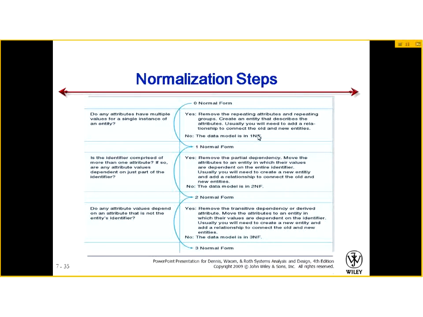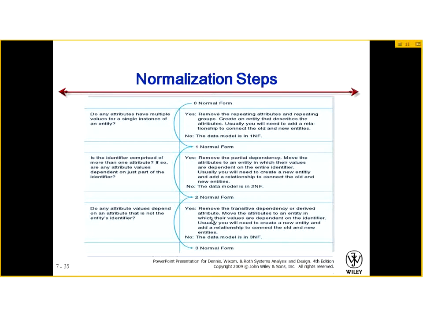When you remove the repeating attributes and repeating groups, it comes in first normal form. Then you remove the partial dependency, when an attribute is not depending on the complete identifier, the complete primary key. When you resolve this, it comes in second normal form.